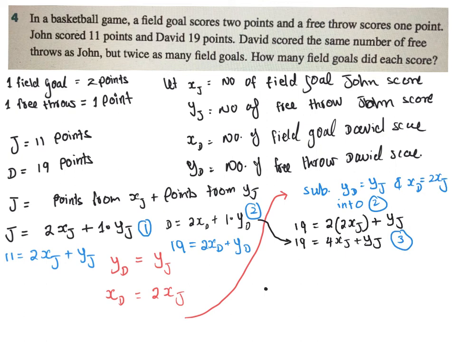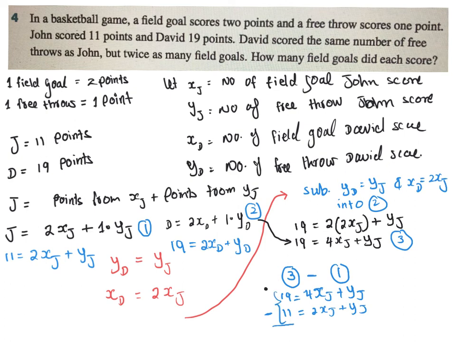Now if we do 3 take away 1, we'll get 19 take away 11 equals 4xj plus yj take away 2xj plus yj.